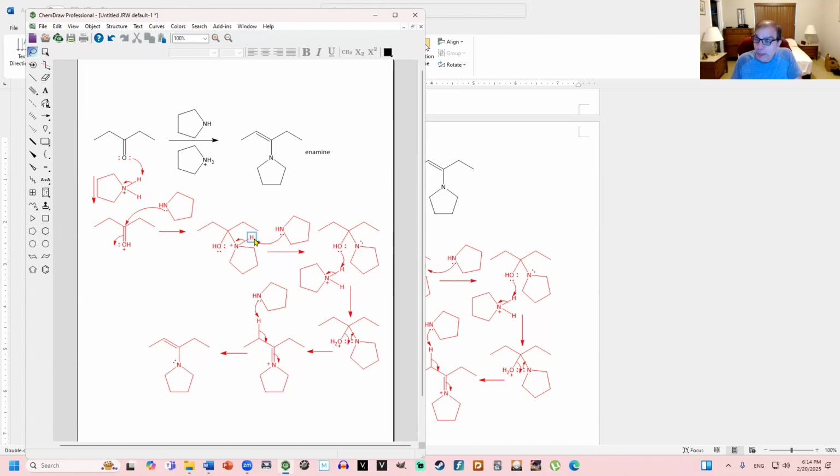And it's a very fair question, and the reason that doesn't happen is because you would get a 4-membered transition state. And the way you know that is by counting atoms. 1, 2, 3, 4. If we count atoms between the oxygen and that nitrogen, you will see that we count to 4. That oxygen's 1, this carbon is 2, the nitrogen atom is 3, and the hydrogen atom is 4.